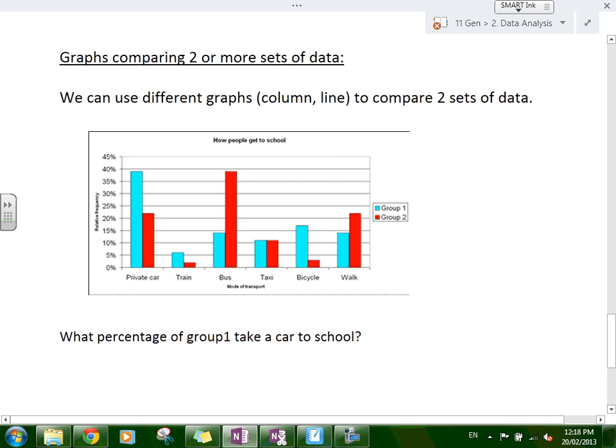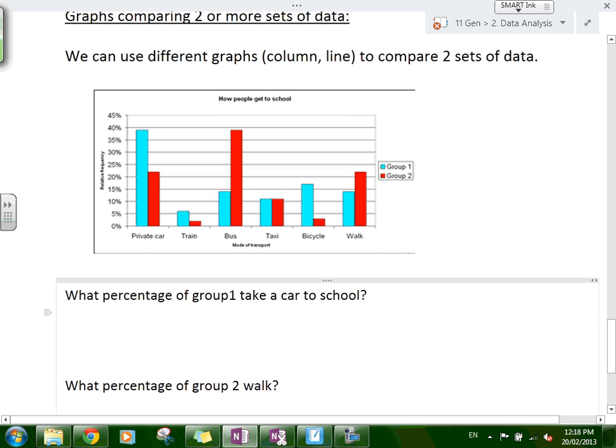So if we have a look at the questions, we say, well, what percentage of group 1, which is the blue, what percentage of them take a car to school? Private car. Yeah, that's a good estimate. So we're looking at private car, we're looking at this one, and so it's going to be about 39%.